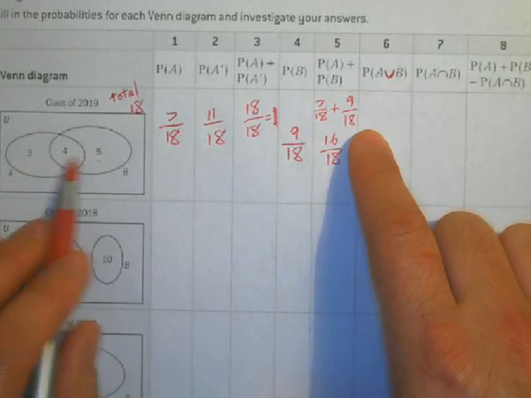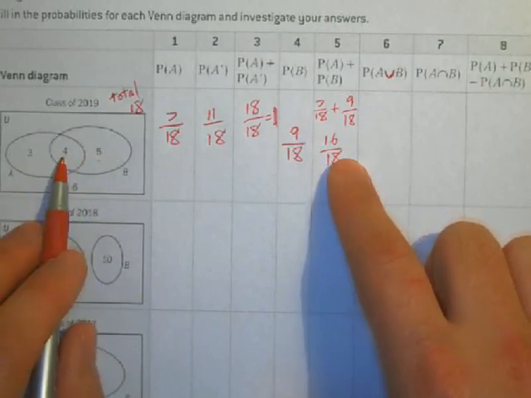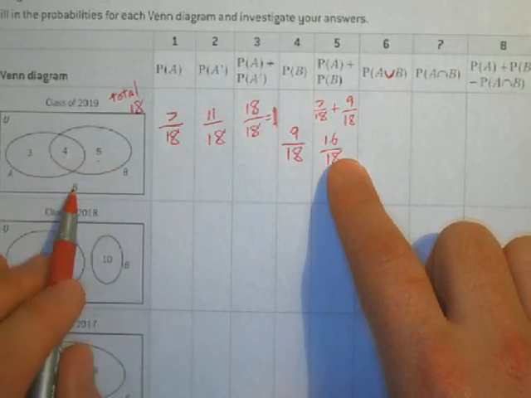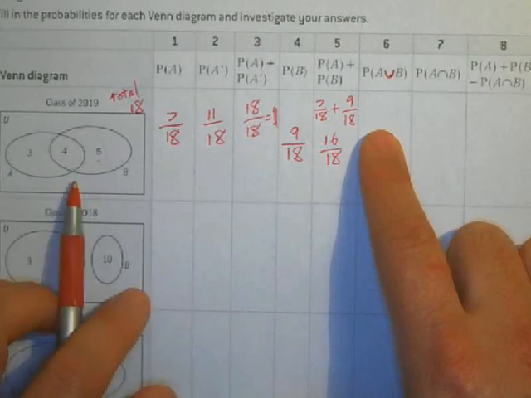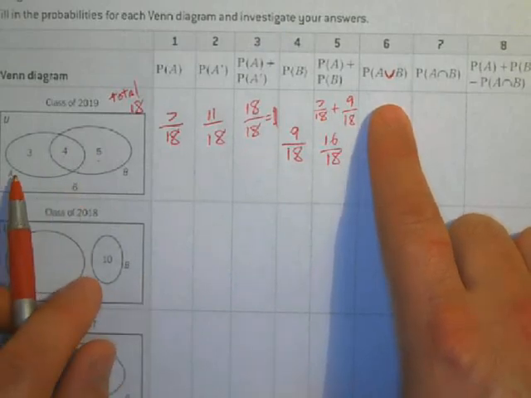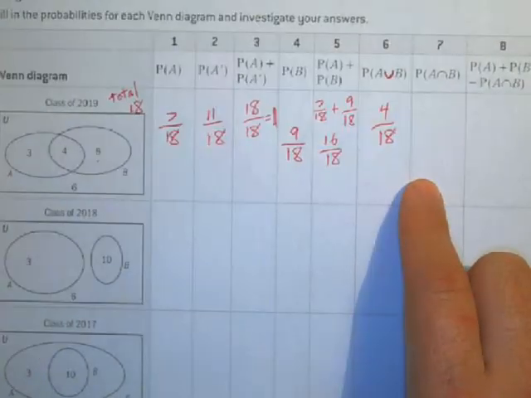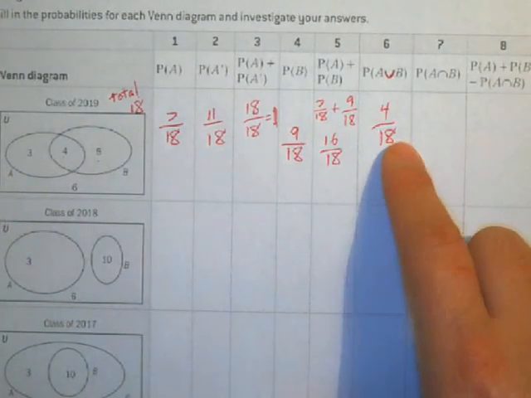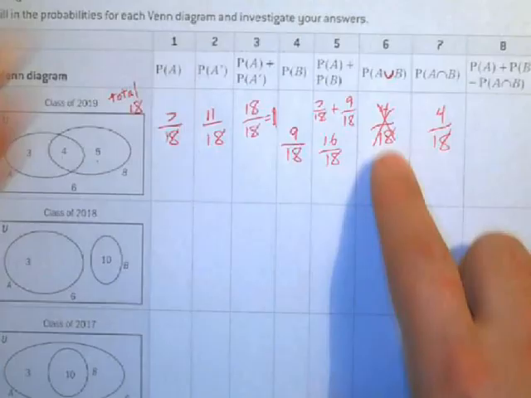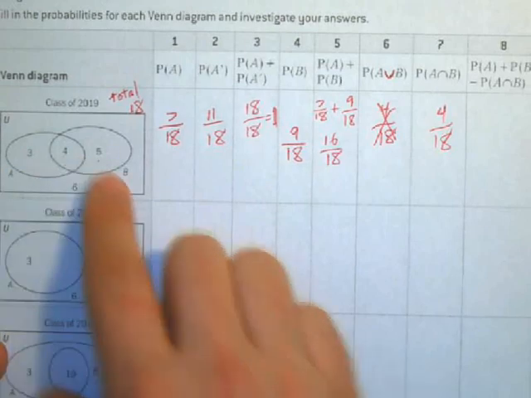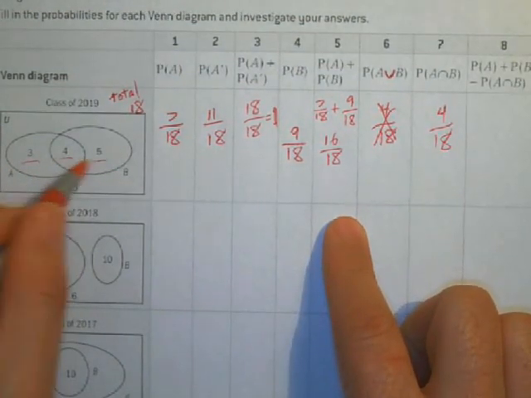And then with the 6, the total is 18. A intersection B is just 4 over 18. And, oh gosh, no, 4 over 18 is the intersection. Union of A and B is 3 plus 4 plus 5, which is going to give me 9, and 3 is 12 over 18.